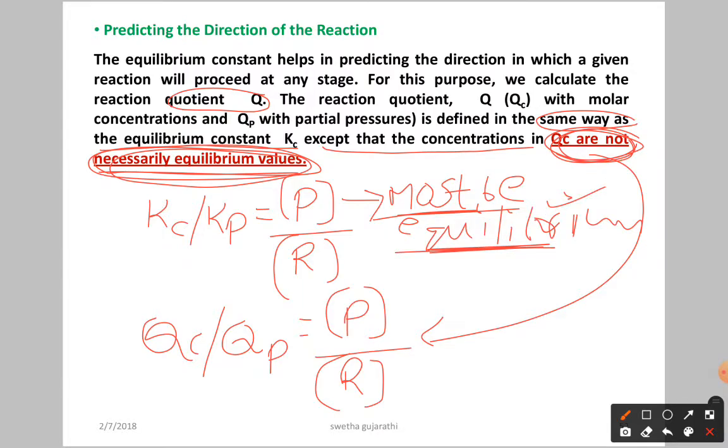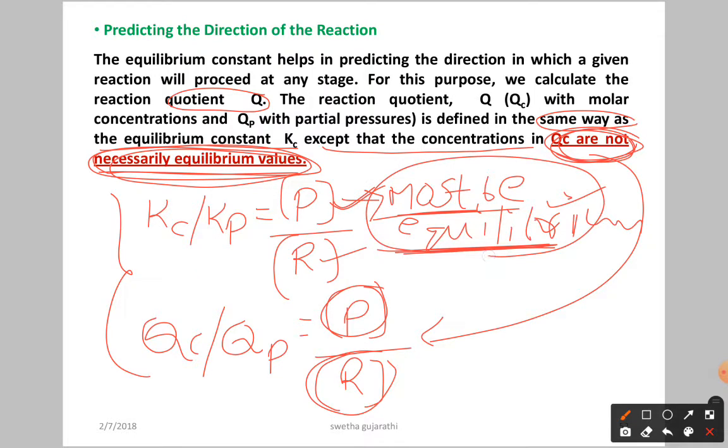I hope you are understanding. Both have the same definition, the ratio of product concentrations to reactant concentrations, but for K you definitely have to take equilibrium concentrations, while for Q it is not mandatory.